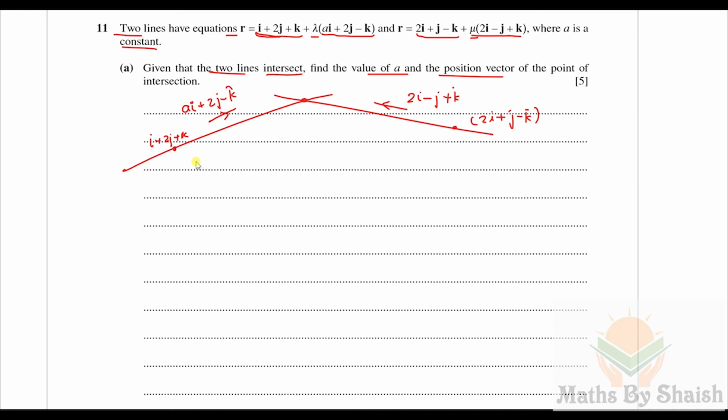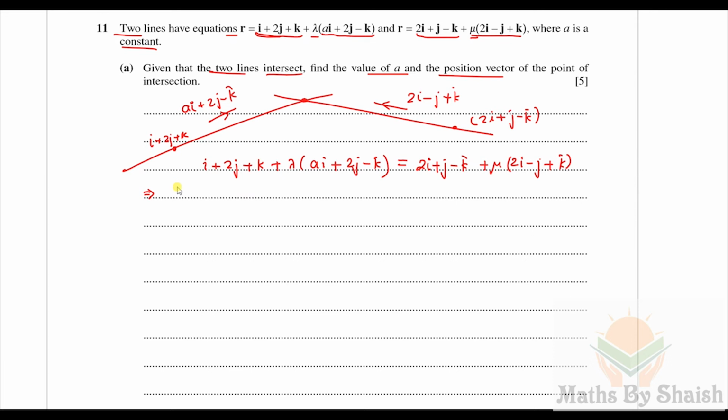So making them equal, we can write i plus 2j plus k plus lambda times (ai cap plus 2j cap minus k cap) is equal to the other line, 2i cap plus j cap minus k cap plus mu times (2i cap minus j cap plus k cap). Now we will equate the coefficients of i, j and k, and we will find the value of a. So let's write the i, j and k coefficients together.